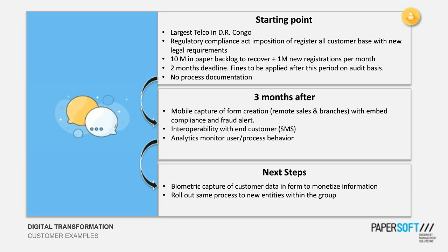The plan that this company has is to monetize the database for other initiatives based on financial KYC. This is only possible because digital transformation is done step by step, with information that you gather and make more robust and better as we go along.